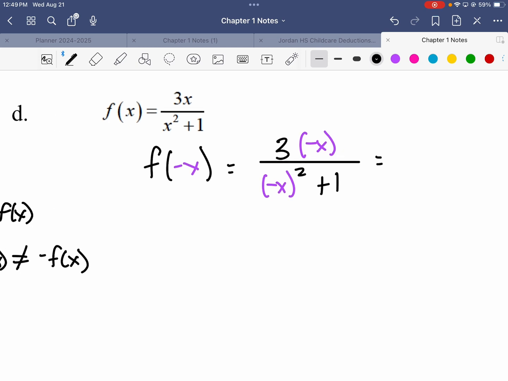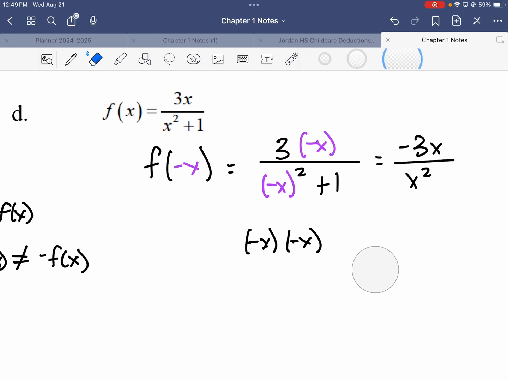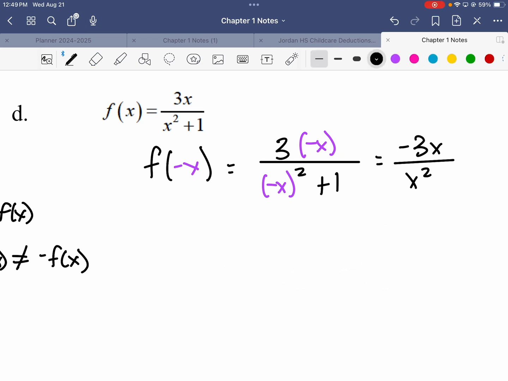Okay. Well, what is 3 times negative x? Negative 3x. Okay, what's negative x squared? x squared. Good, because that's really just negative x times negative x. Negative times a negative makes a positive. x and x make x squared. Yeah? We okay with that? And then it's supposed to be plus 1 on the end, right?